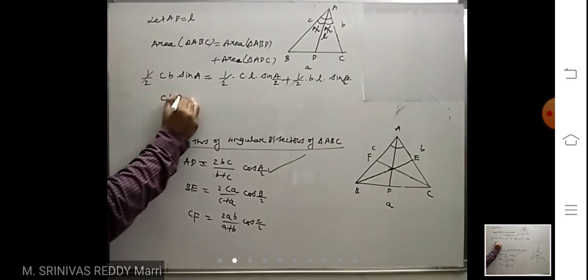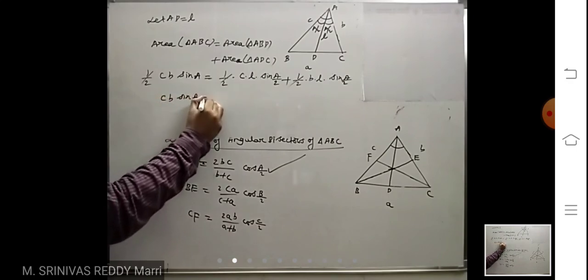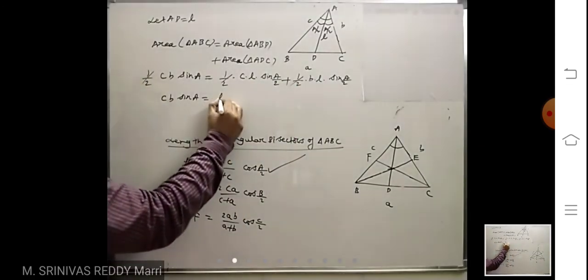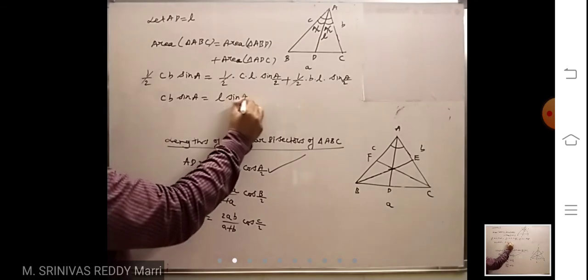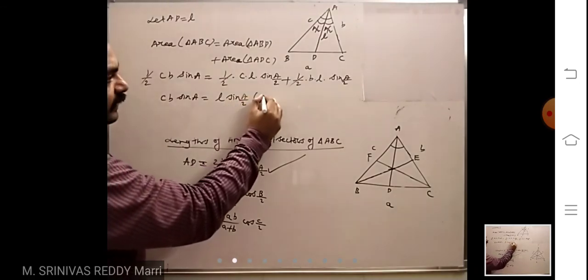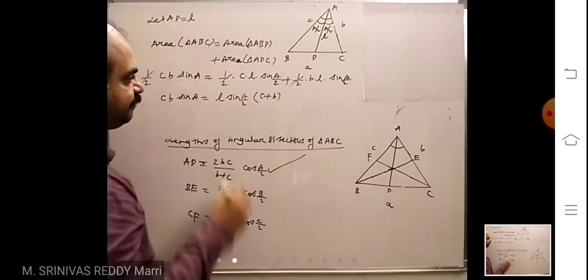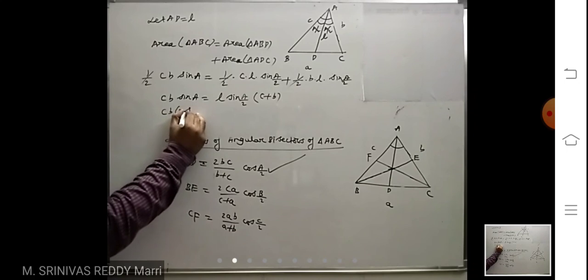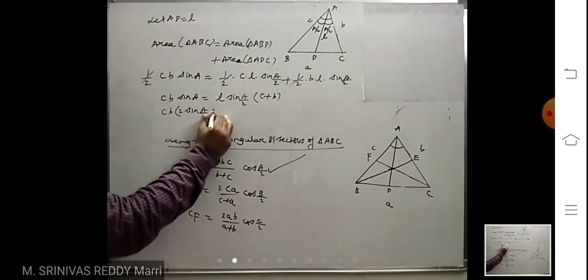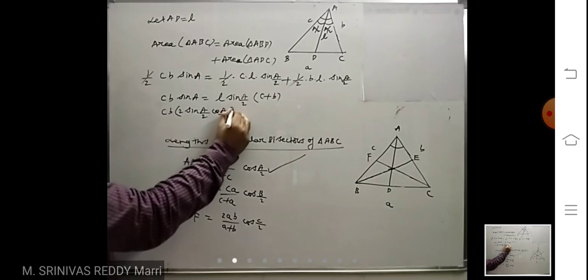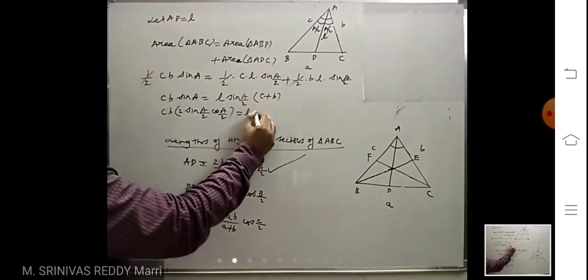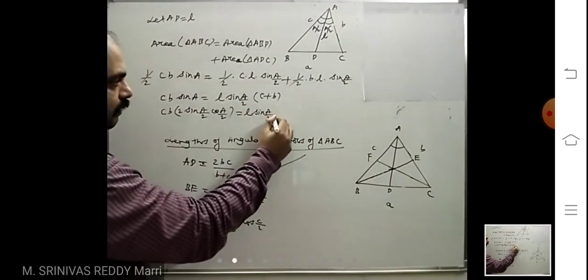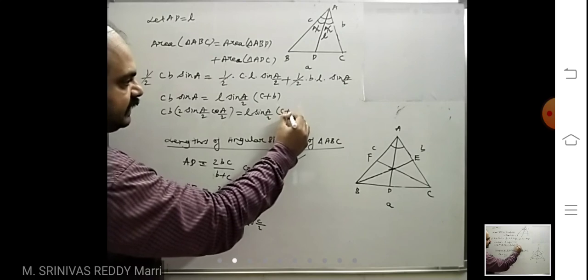So you get cb sine A equal to L sine A by 2 into (c plus b), since L sine A by 2 is common. Now I write sine A as 2 sine A by 2 cos A by 2, the half angle formula. So 2bc sine A by 2 cos A by 2 equals L sine A by 2 into (c plus b).